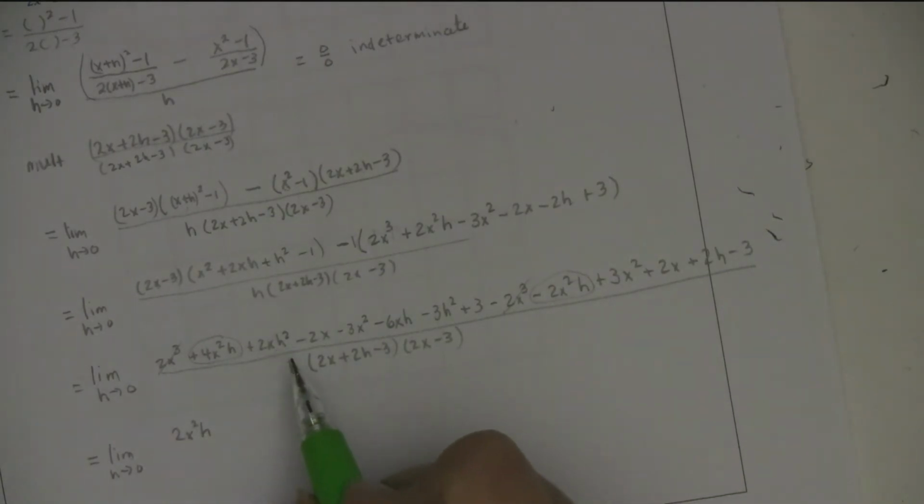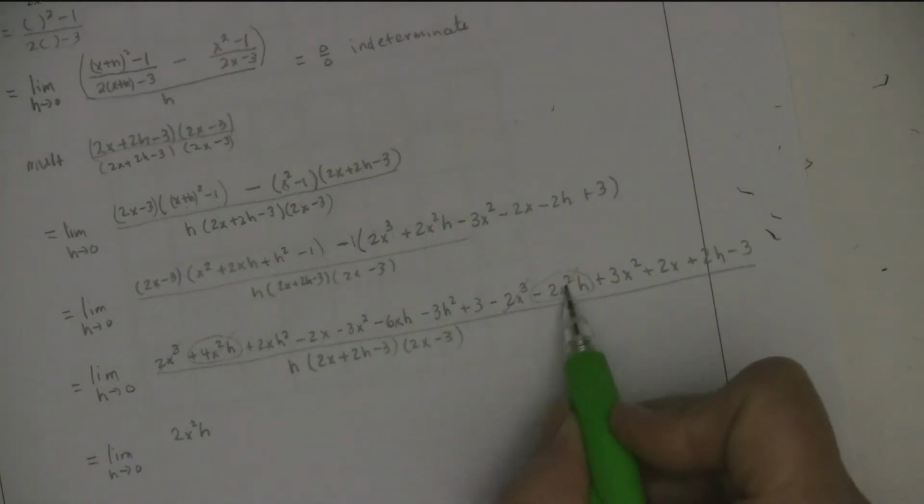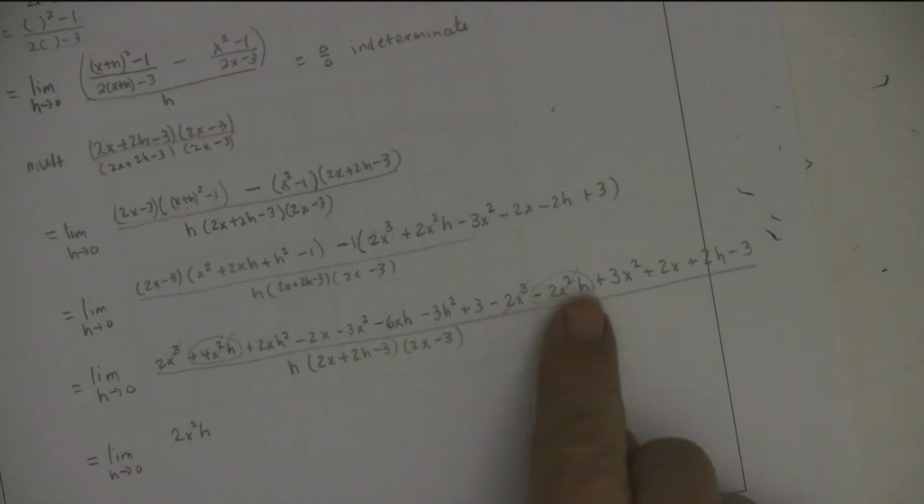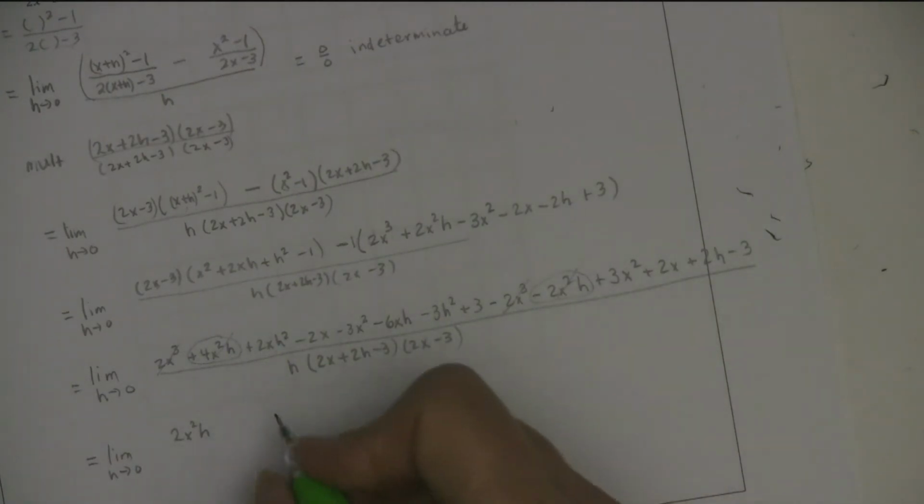And is there any friends to go? So I got rid of these. So a 2xh squared, I don't see any of those.